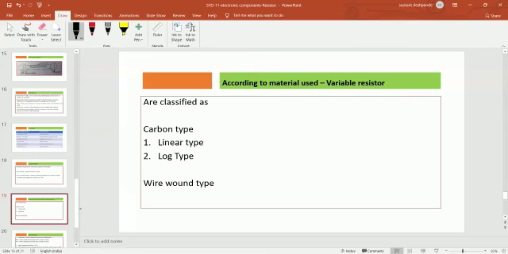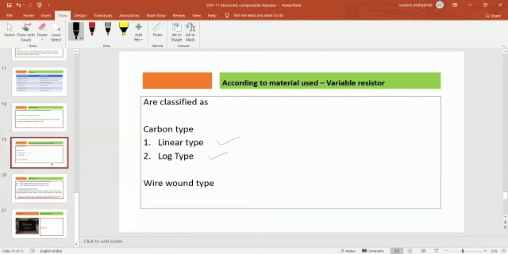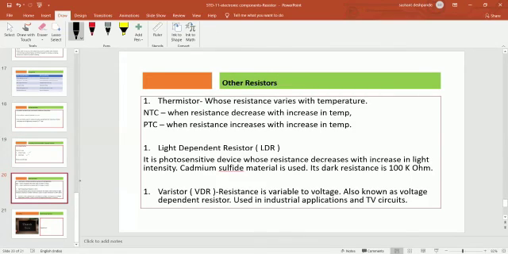According to the material used, variable resistors are classified as carbon type and wire wound type. Carbon types are classified as linear type and log type. Right? Moving ahead, what are the other resistors?